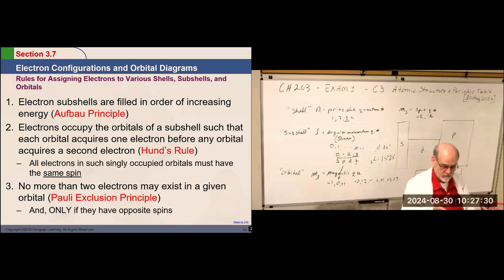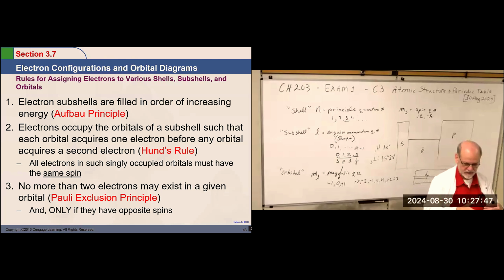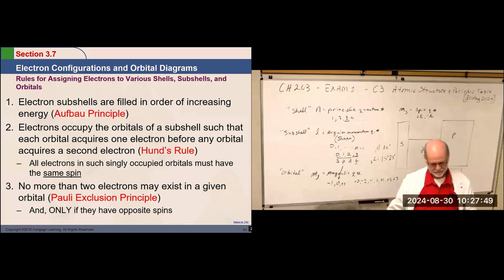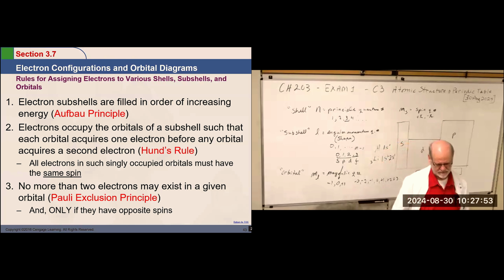If there's a space close to the nucleus, you've got electrons around here already, say you're going to add another one. It has to go into the next highest energy level, right? You can't stick it way out here just arbitrarily. It has to go in the very next one. That's Aufbau. That's a German word. I'm not sure what it means. I like to say Aufbau means do it this way.